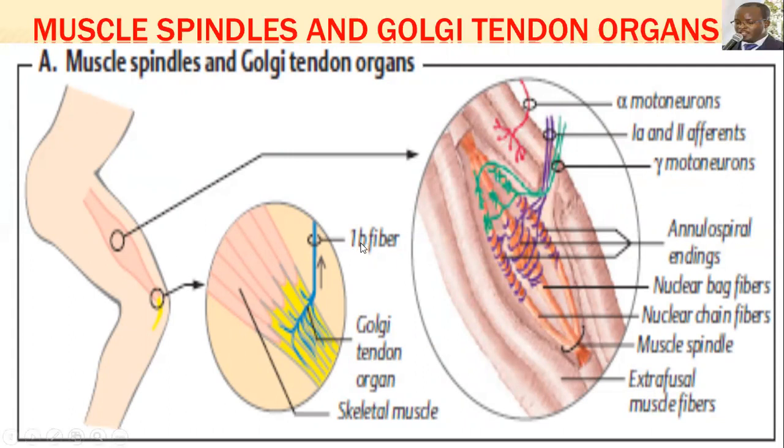So you have 1B fibers. Type 1B fibers are the ones that are innervating the Golgi tendon organ. Type 1B are also A alpha, so they are very fast. These are the ones that are involved in proprioception. So this is called a muscle spindle and Golgi tendon organs.